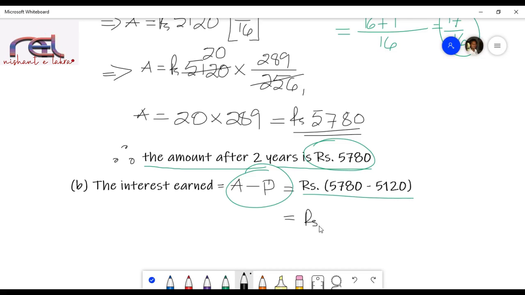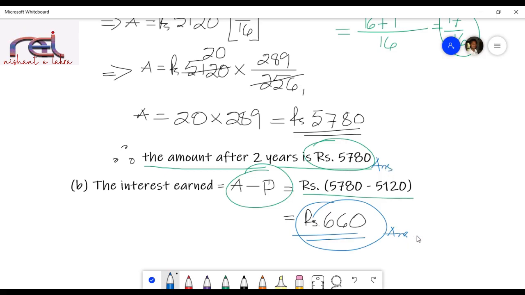So when you subtract principal from amount, we will get the interest earned as rupees 660. So 660 rupees is the interest earned. Okay, this is the answer for the second part of the question. And the first part of the question was to find amount after 2 years. I hope you have understood till here.